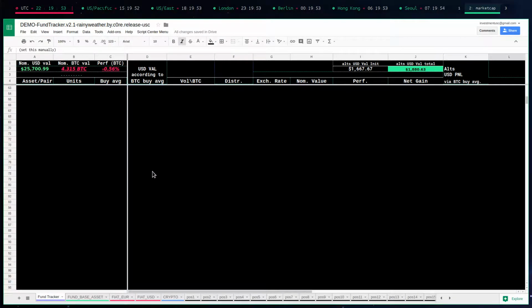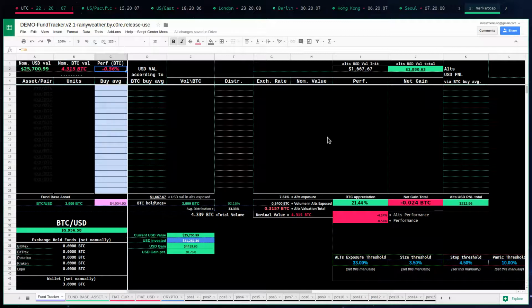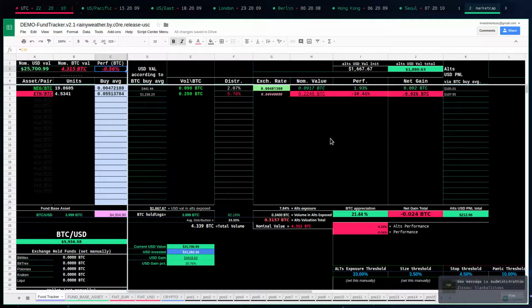What you have on top here again is also a grand total overview of all your holdings, and with the current nominal US dollar value of those, and the percentage performance in Bitcoin with your position on average, which, let me check.